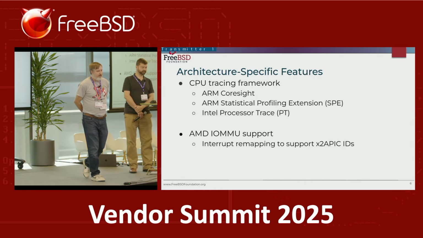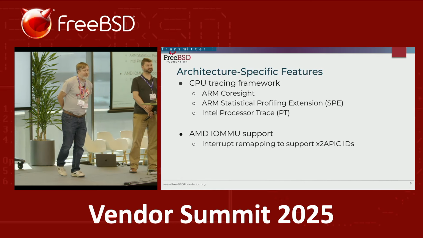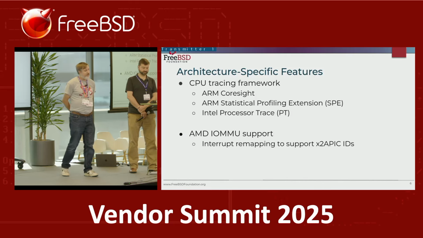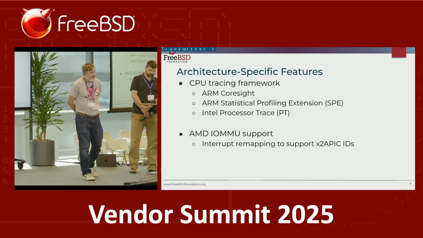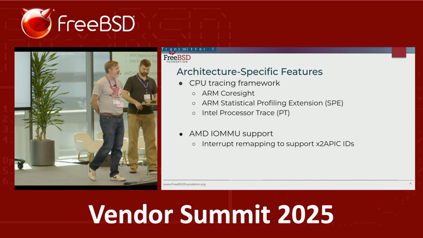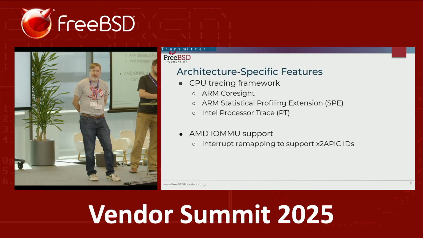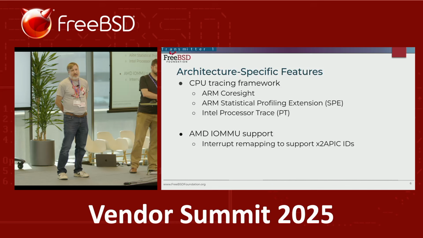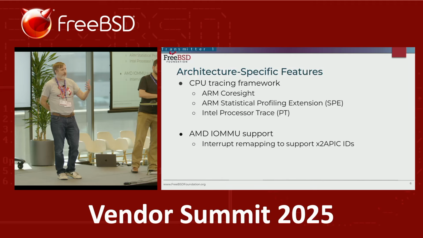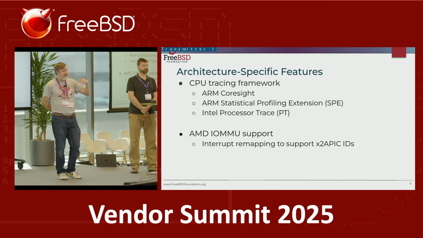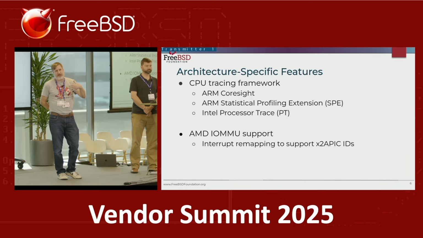Some things that are not neutral to architectures, but instead architecture specific. We had a new framework land to support something called CPU tracing. This is not quite the same thing as performance counters that count events, but instead CPU tracing is a way to get a journal or a log of different things happening on a CPU while it is executing a stream of instructions.